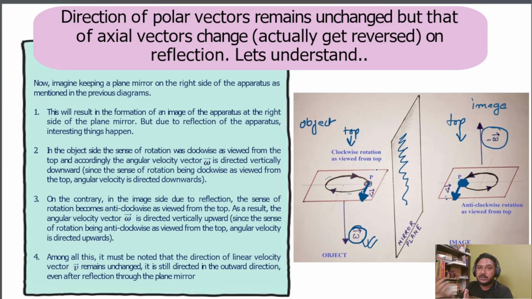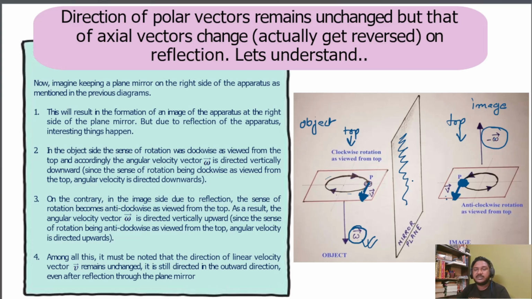So the direction of the angular velocity, which is an axial vector, totally reverses on reflection, but the linear velocity, which is a polar vector, you can see its direction doesn't reverse. On the image side it is in this direction. What would be the reverse direction if the linear velocity would become in this direction? But that doesn't happen. The linear velocity remains in the same direction, while the angular velocity changes its direction, basically reversing it.